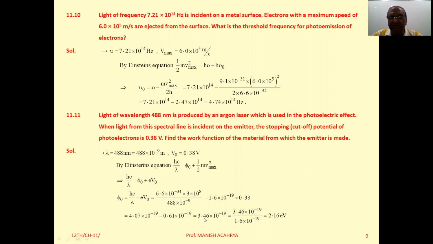Then solve it. You will get 3.46 × 10^-19, that is in terms of joule. But always we have to give the answer of work function in terms of electron volt. So divide this one by 1.6 × 10^-19. Your answer will be 2.16 electron volt. Clear to all of you?